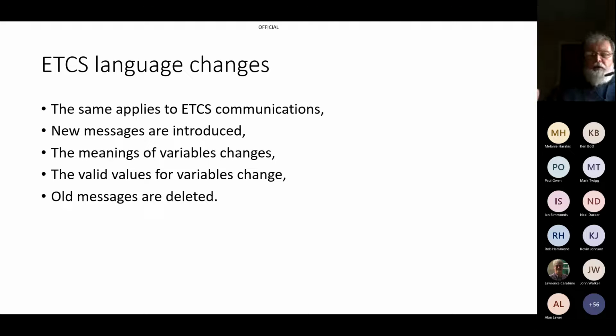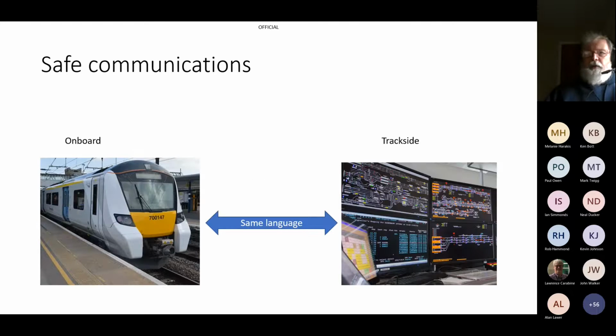I think everyone on the call will understand that ETCS is all about safe communication between an ETCS trackside and an ETCS onboard. For that safe communication to take place, both parties need to be speaking the same language.